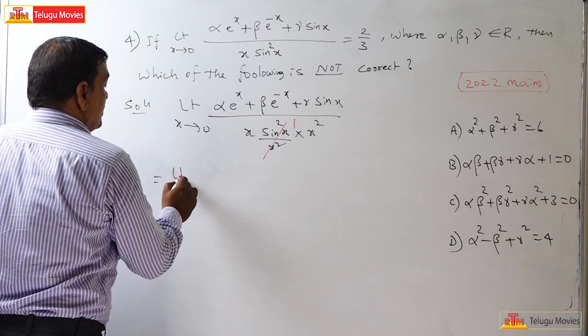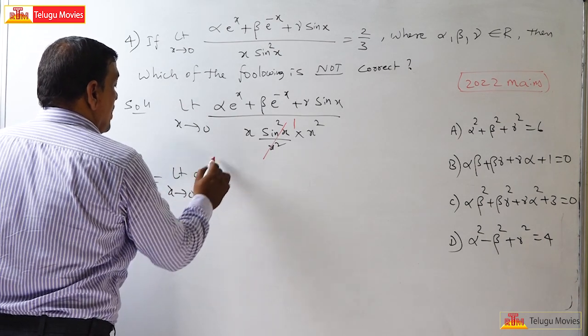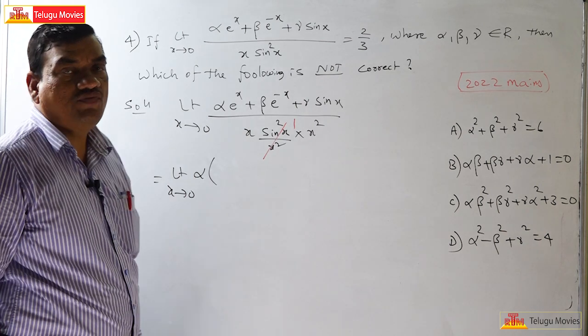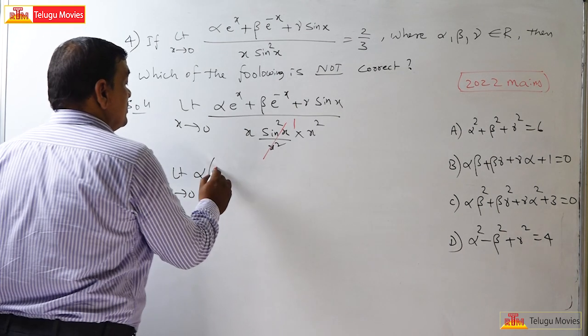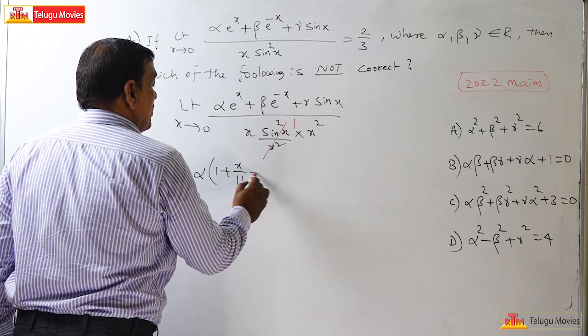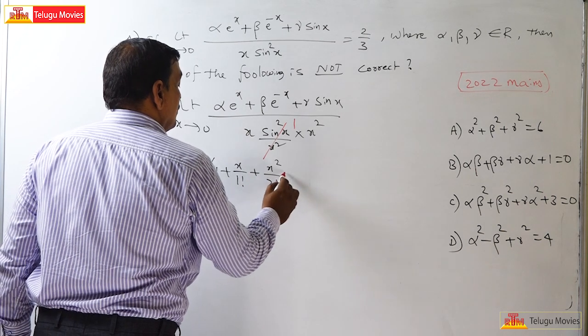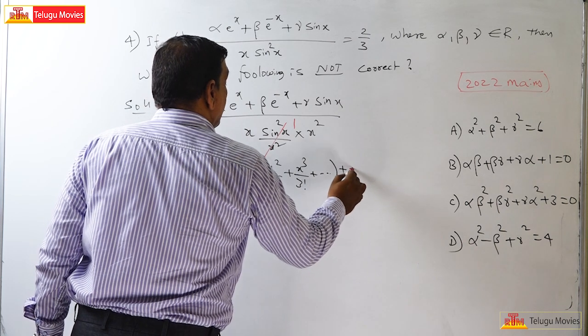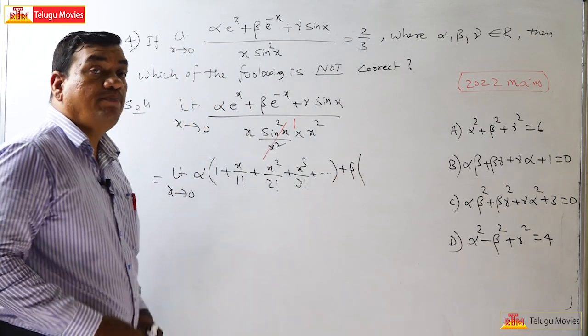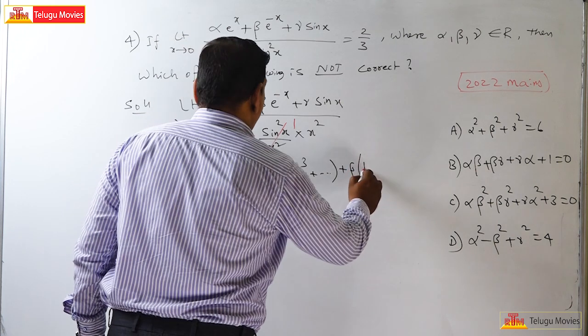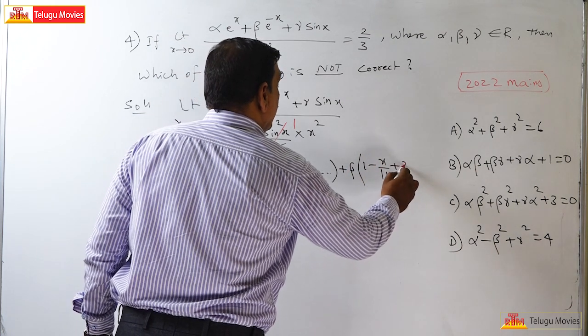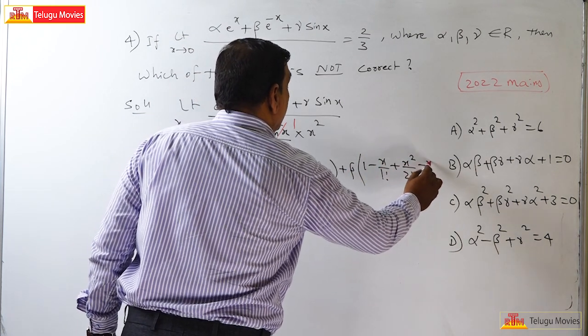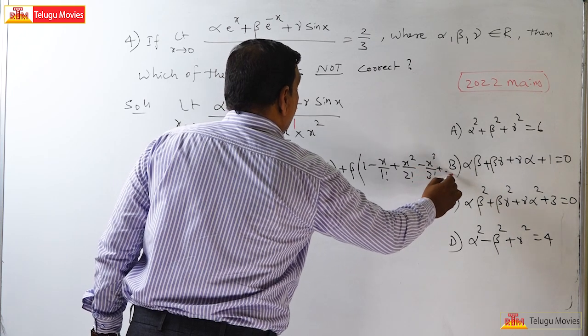Limit x tends to 0 of alpha into, write the expansion of e power x. So e power x expansion is 1 plus x by 1 factorial, plus x square by 2 factorial, plus x cube by 3 factorial, and so on to infinity. Plus beta into e power minus x expansion: 1 minus x by 1 factorial plus x square by 2 factorial minus x cube by 3 factorial, and so on.